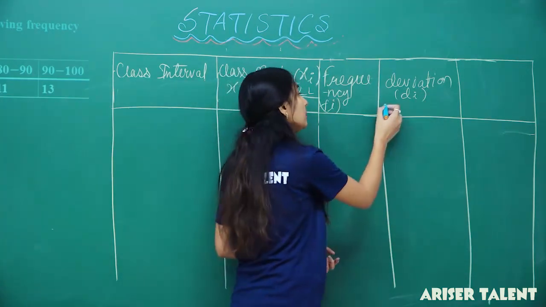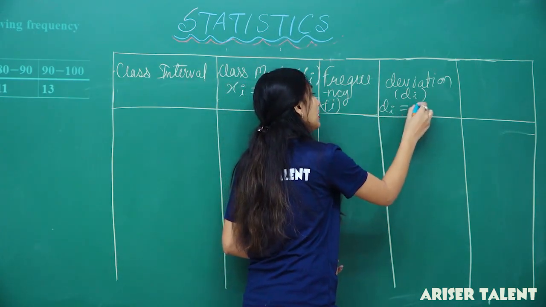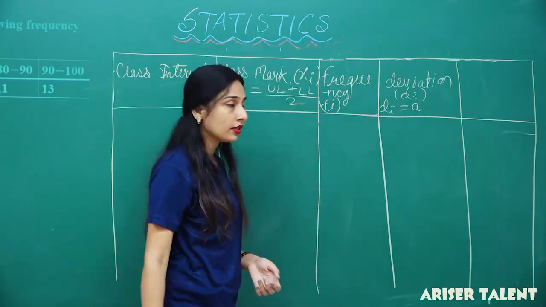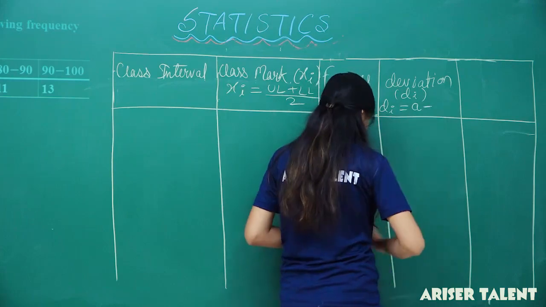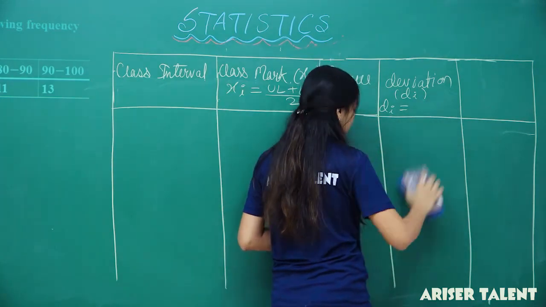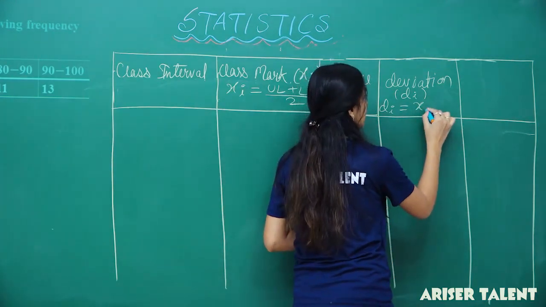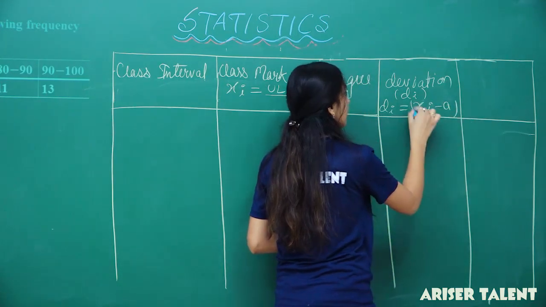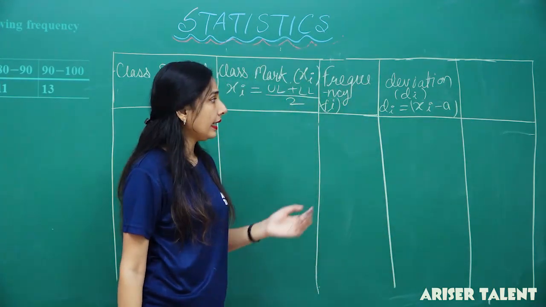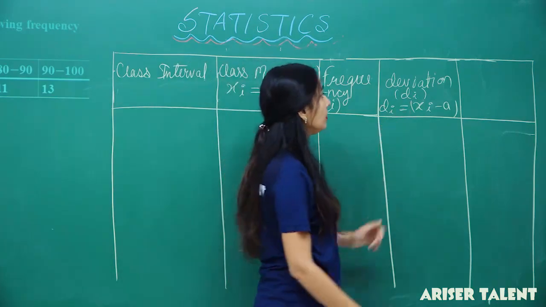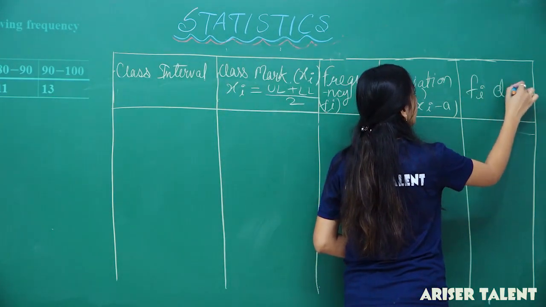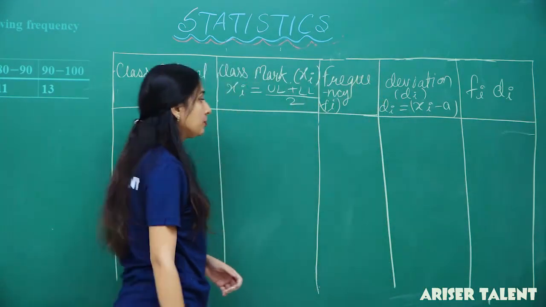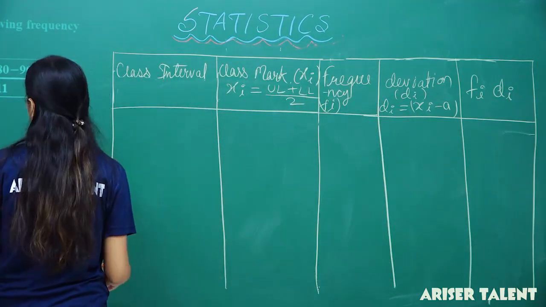The value of di is equal to xi minus a, where a is the assumed mean. Then that will be the Fi di column. Understood? So these will be the columns.